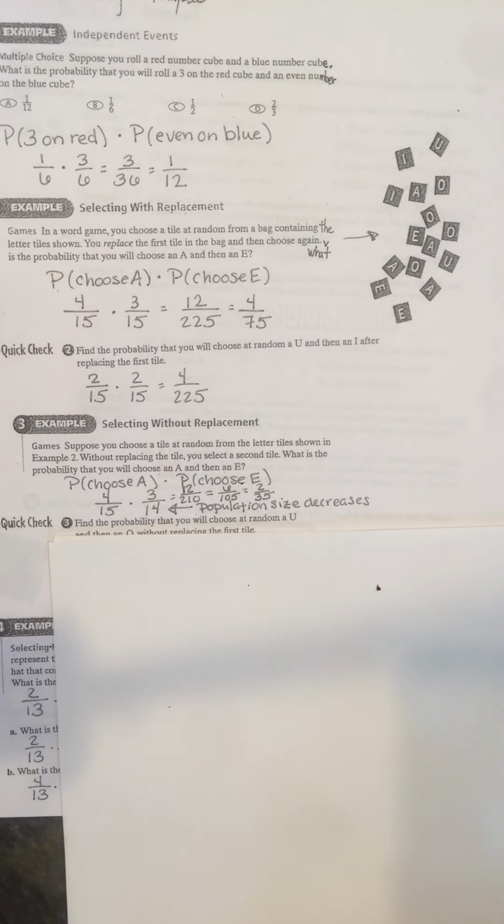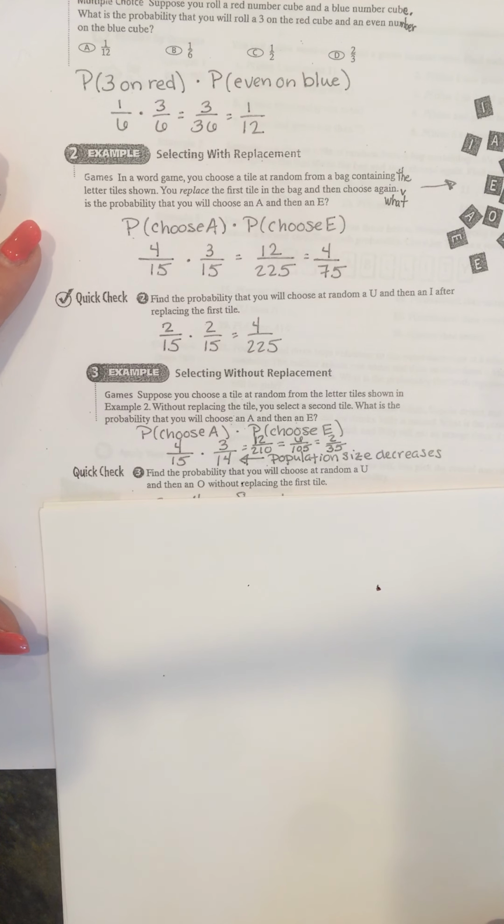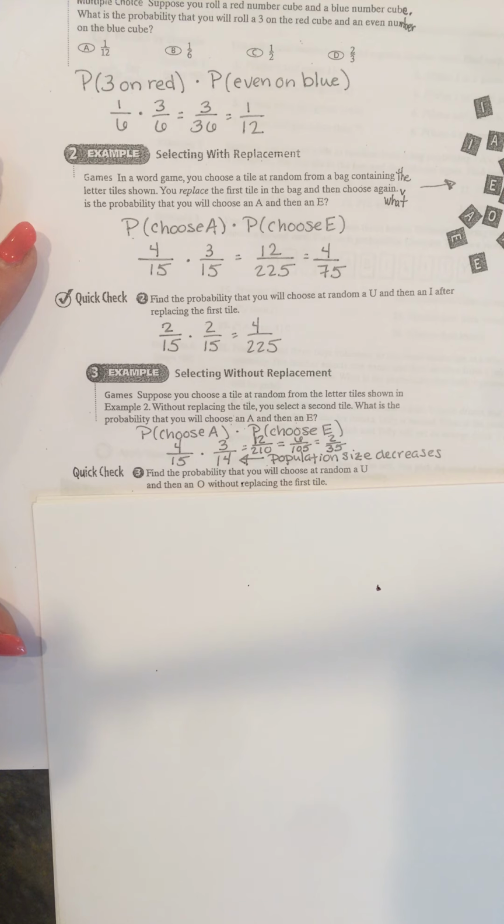Okay, now you do the quick check. Ready? Quick check 3. Find the probability that you would choose a U and then an O without replacing the first tile.